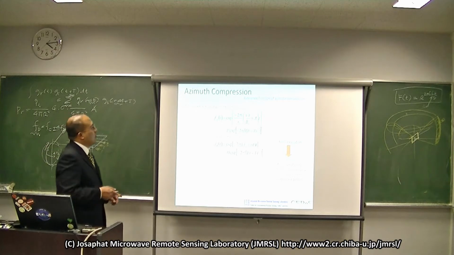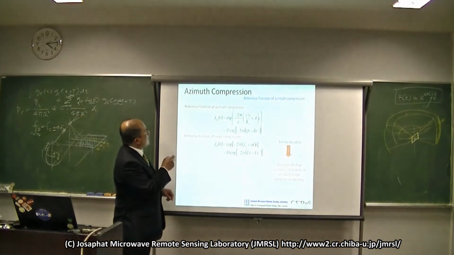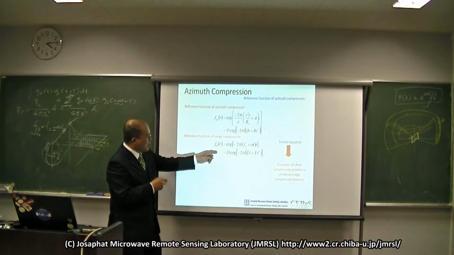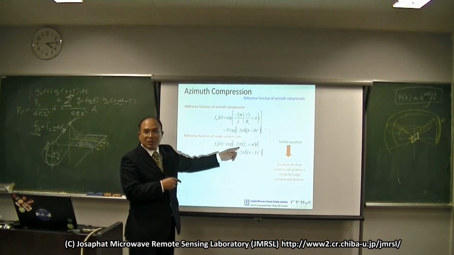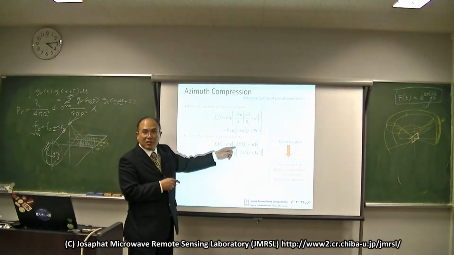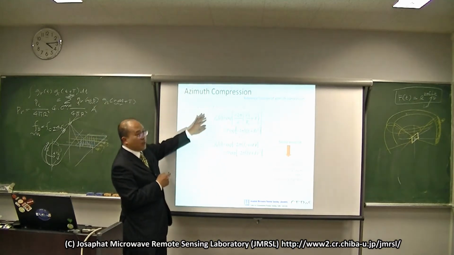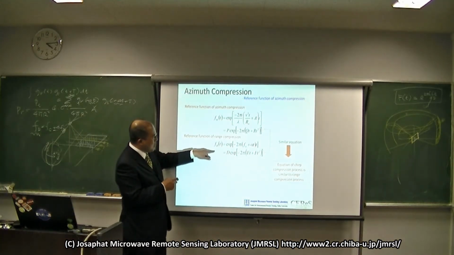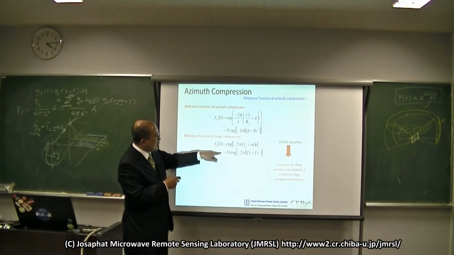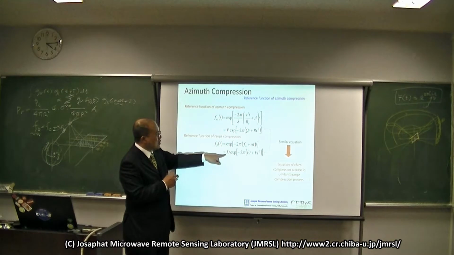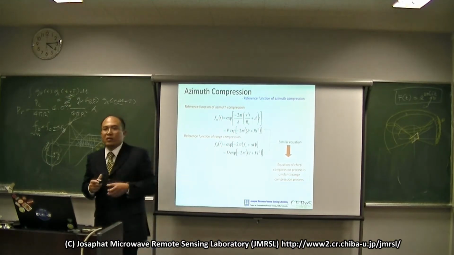I already explained the range compression. We also get this reference function in range compression and azimuth compression. If you compare, they are almost the same, or similar, just the constant.